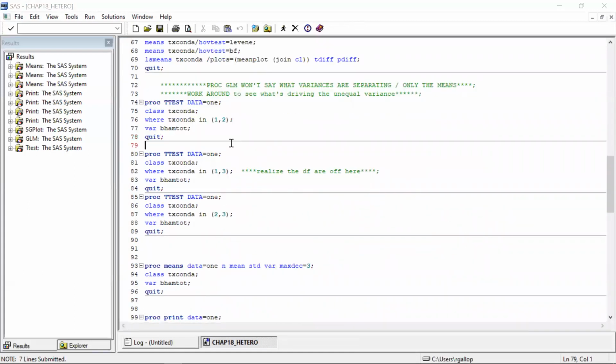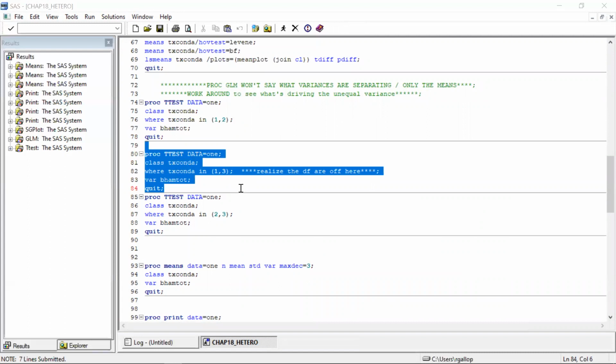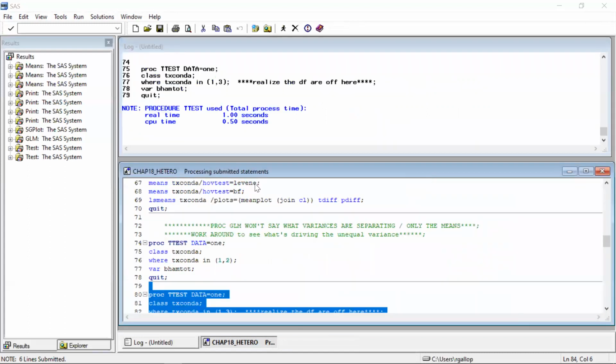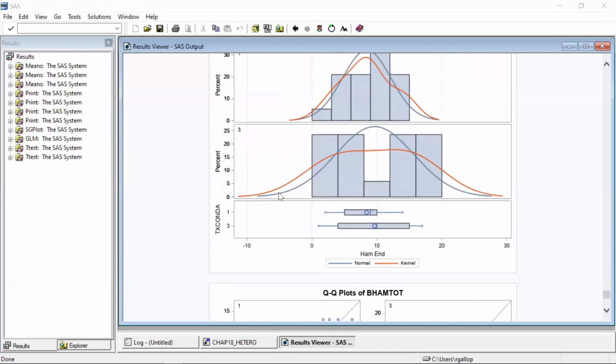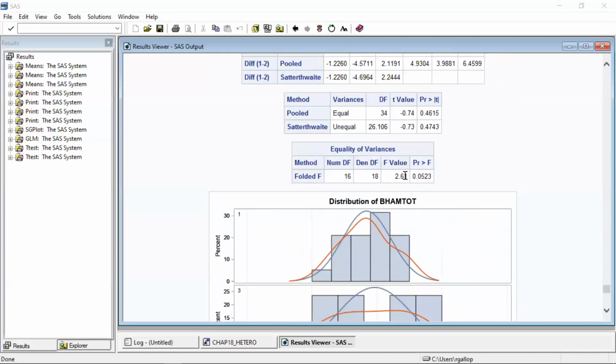Group 1 to 3. The big thing to realize about this is we're not doing this for any kind of statistical true test. In this case, when we compare group 1 and group 3, excluding group 2, we have a trend towards significance. Group 1's variance is marginally smaller than group 3.